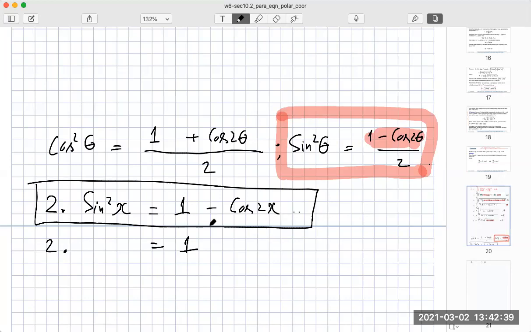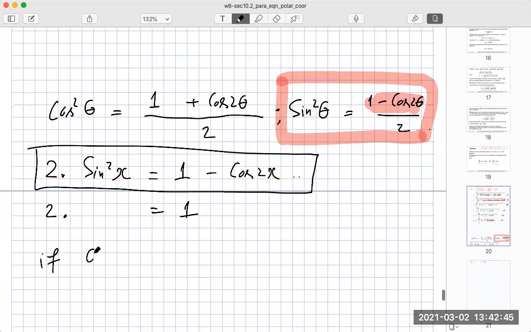If now theta is equal to 2x, then the right-hand side would be 1 minus cosine of 2x.